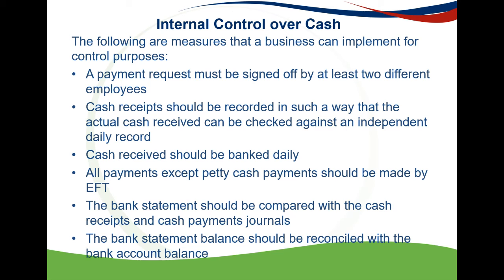The bank statement should be compared with the cash receipts and cash payments journals. The reason why you will do that is to see, firstly, that what was recorded in your cash receipts and cash payments journals was correctly recorded. Because if the deposit that was recorded in the cash receipts journal differs from the deposit on the bank statement, it can be that the transaction was recorded incorrectly in your books of first entry, in your cash receipts journal.